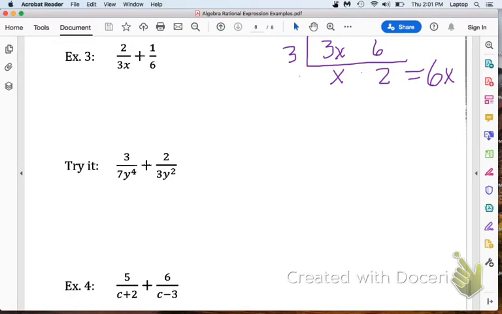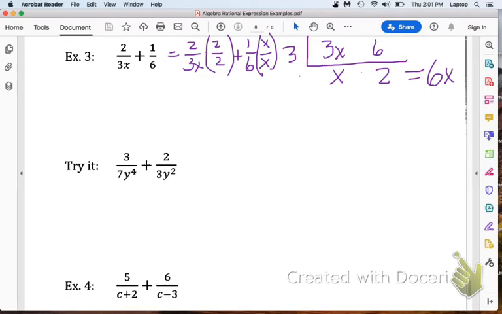To get that, we rewrite it with a denominator of 6x. So my first thing to get, 3x times what equals 6x, I have to multiply my first fraction by 2 over 2, okay, a fraction equal to 1, and then I'm going to get my second one just times the x over x, okay?